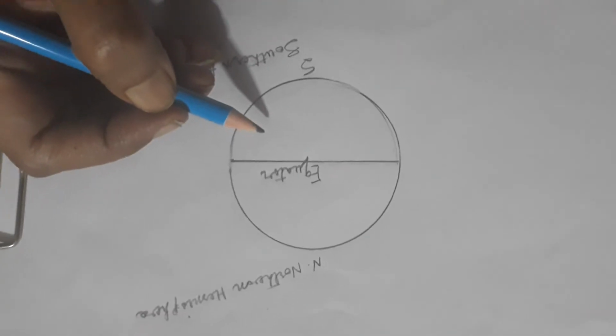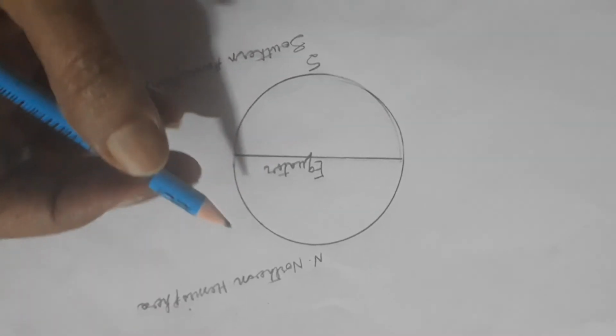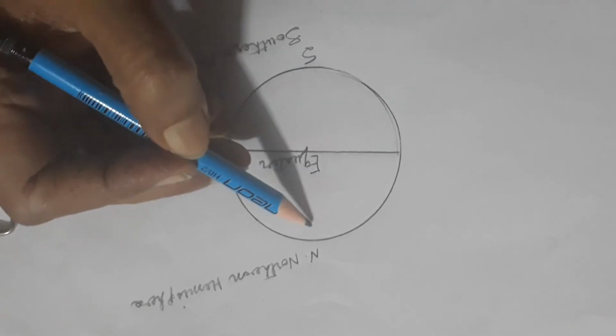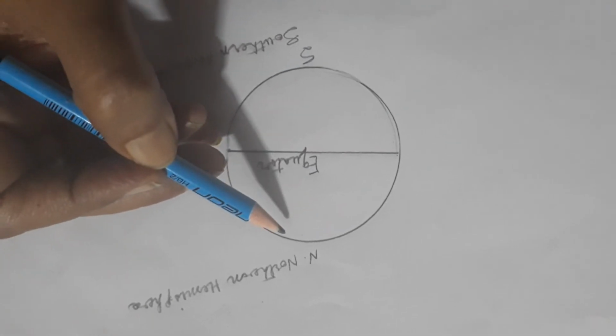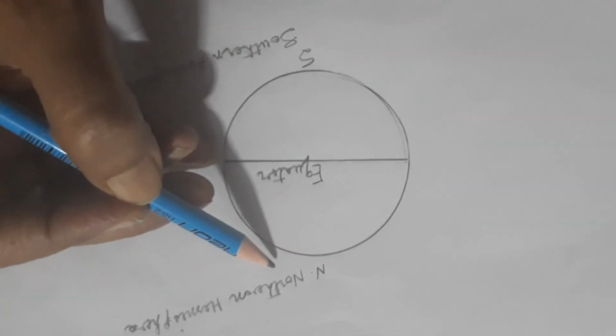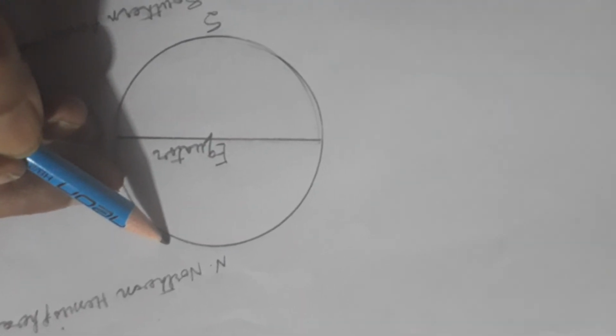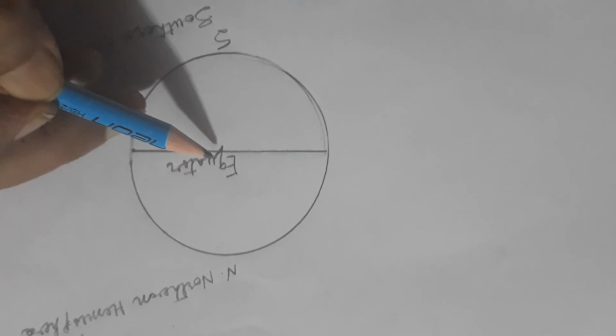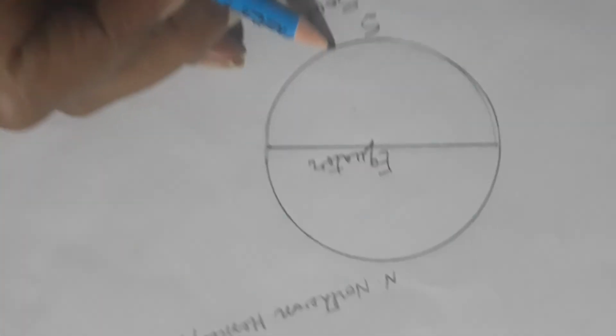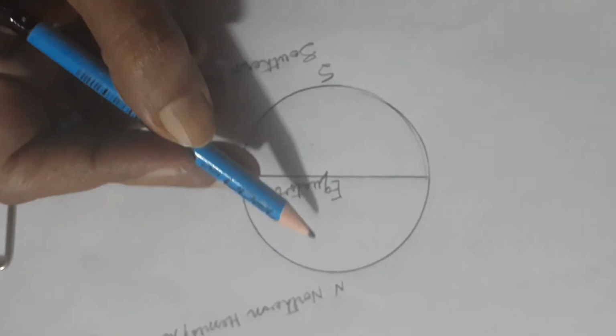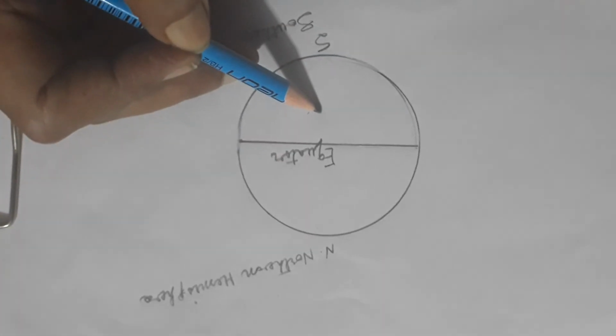The northern half of the Earth is known as the Northern Hemisphere, and the southern half is known as the Southern Hemisphere. They are both equal halves.